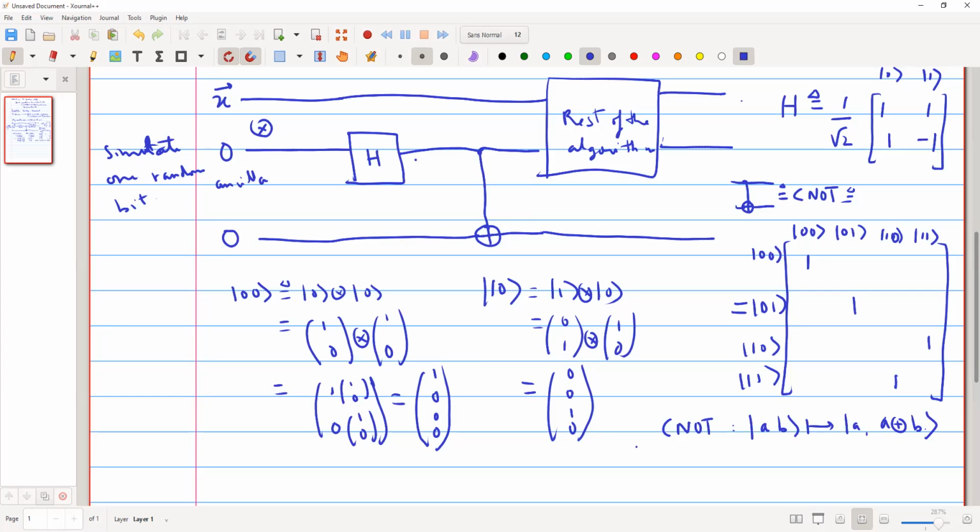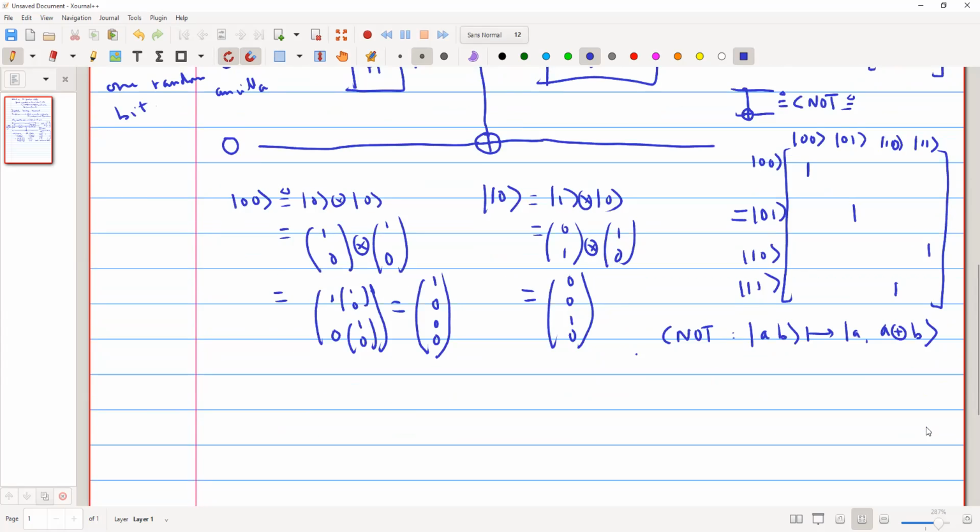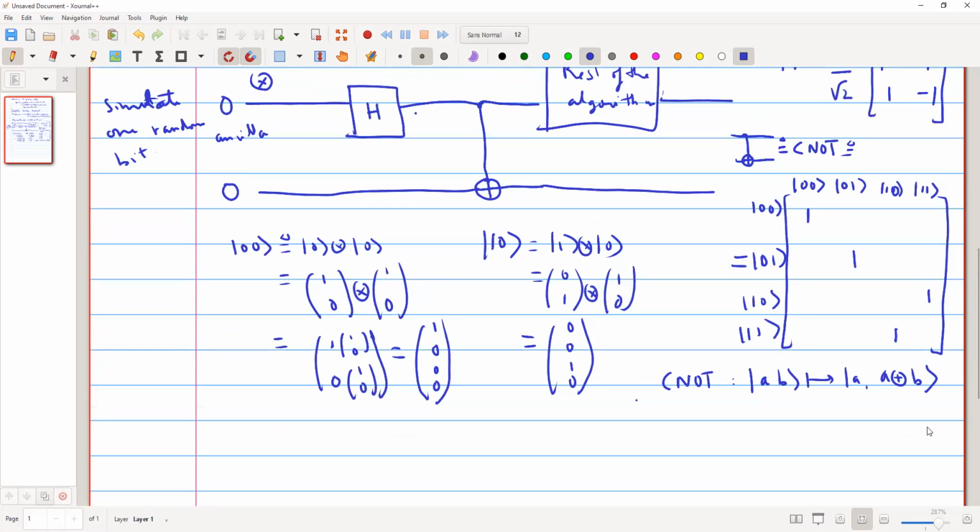So A is the control bit. Okay, so this is the control knot operation. So I've described what is there in this circuitry. Let's run through it and see that it does what we claim it does.